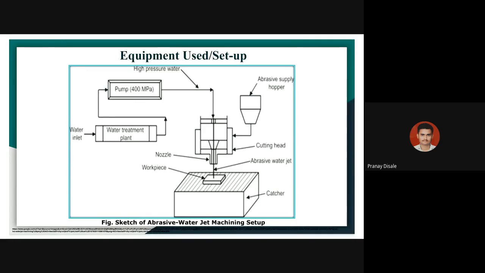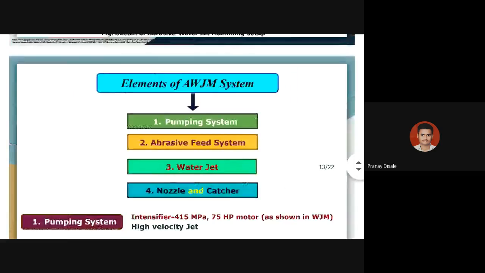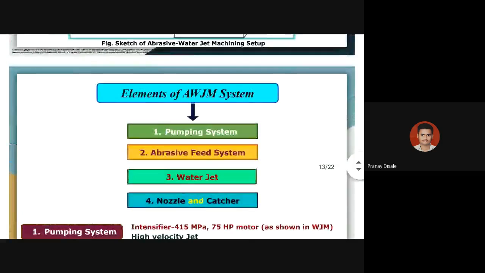So these are the components. Here I will give in short which are the elements. First is the pumping system, which will contain the pump, reservoir, and the intensifier. Then the abrasive feed system, in which everything will come: abrasive hopper or port, mixing chamber, everything.